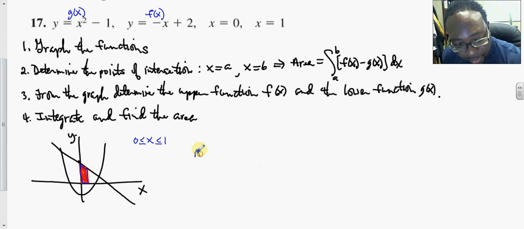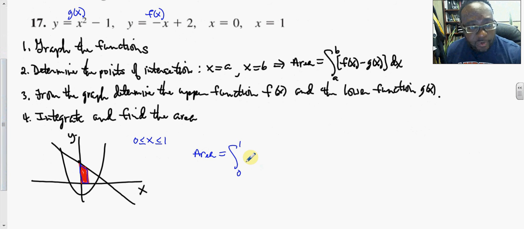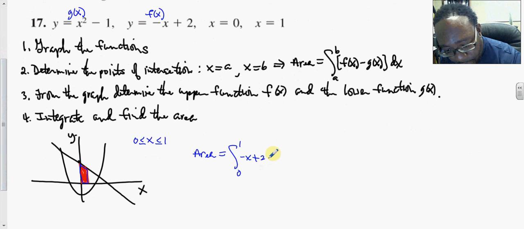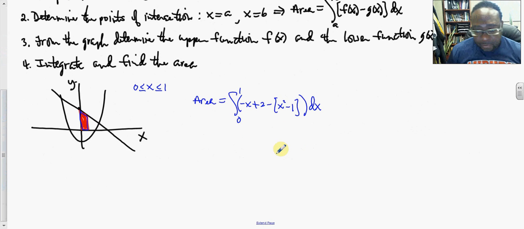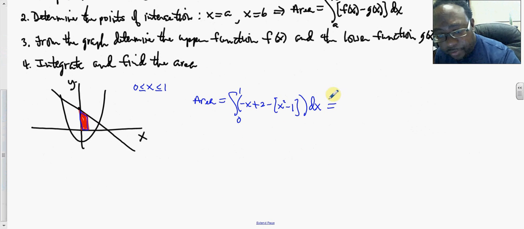So the area is the integral from 0 to 1. That top function is the negative x plus 2 minus the x squared minus 1 dx. So we integrate the integral from 0 to 1. Simplify that.